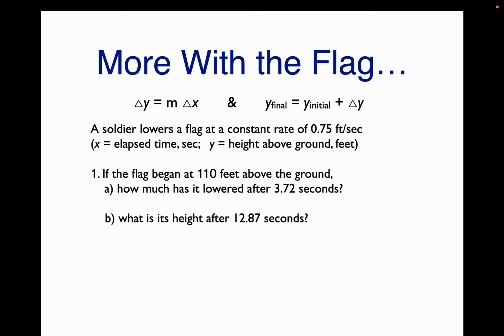So that's a delta x, right? So I know my m and my delta x. All I'd have to do is add those onto, well, it would be a negative number, but add that onto 110, right? So 110 minus 0.75 times 12.87. That would give me a new height.